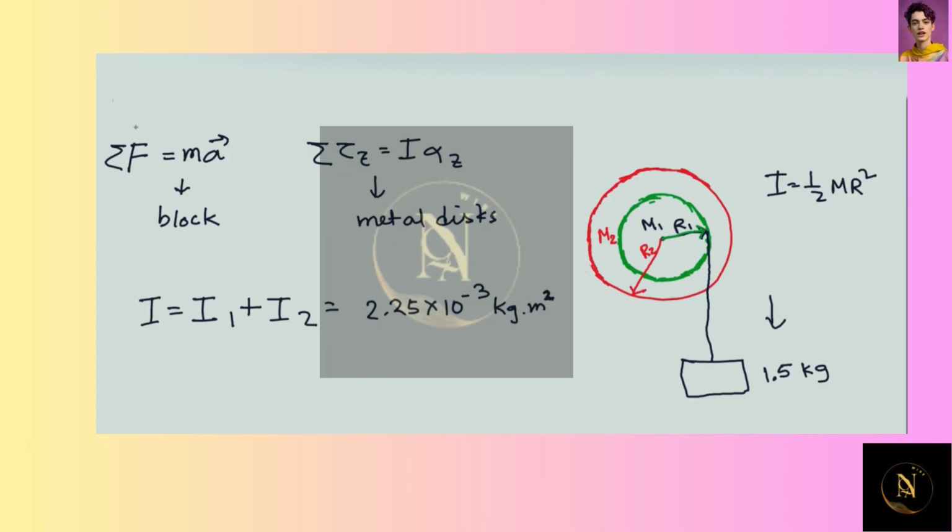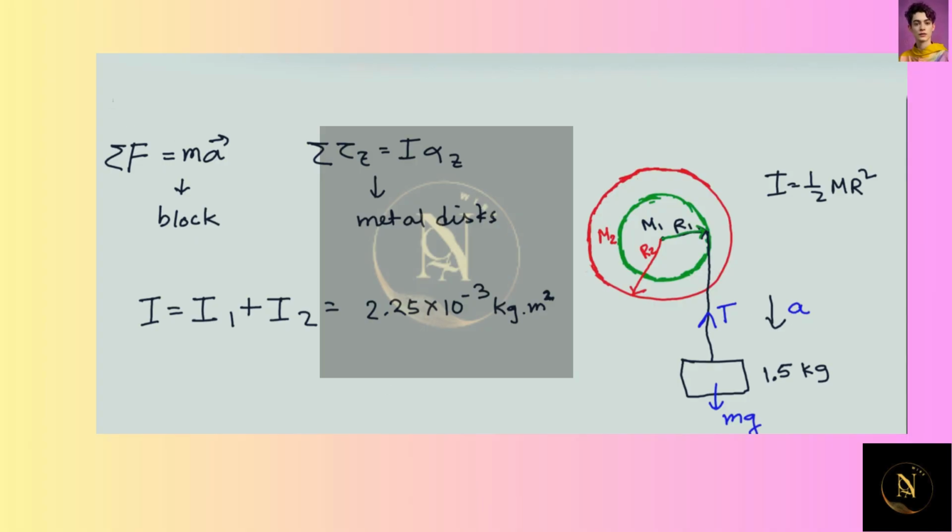So let's look at the linear part first. For the linear equation, we can see that there is mg, which is acting downwards, and there is tension, which is acting upwards. And combining these two, we have an acceleration a in the downward direction.